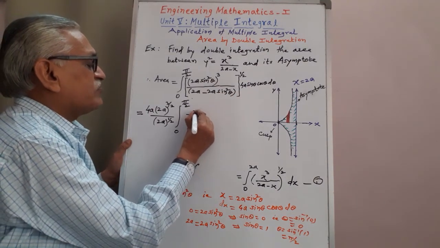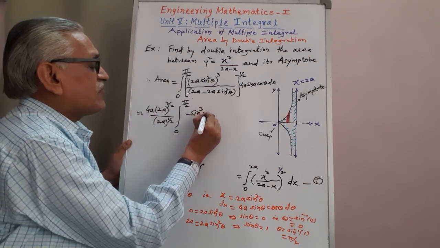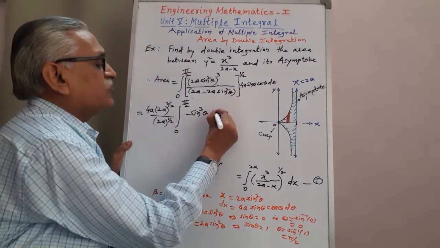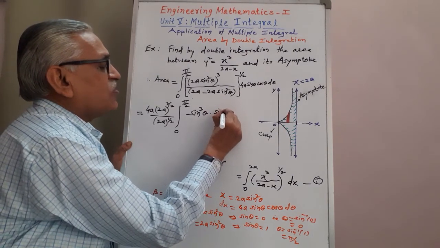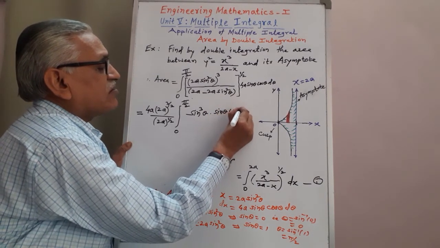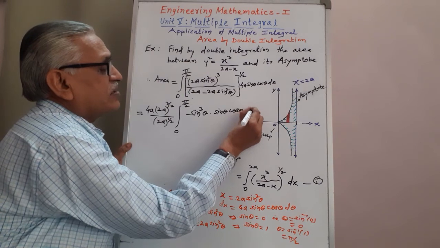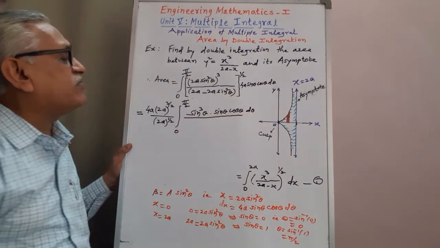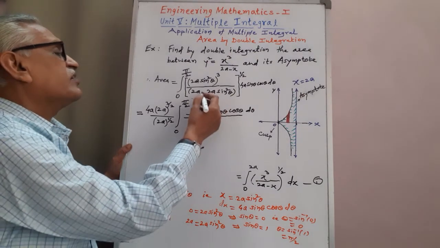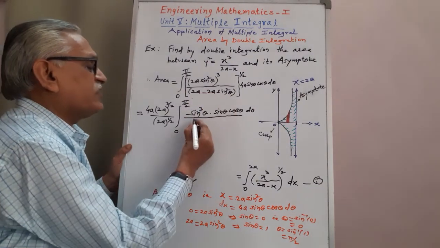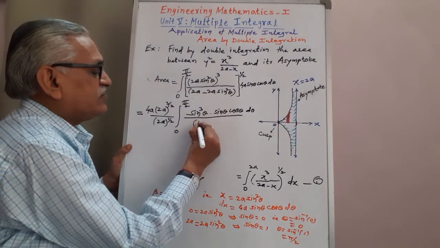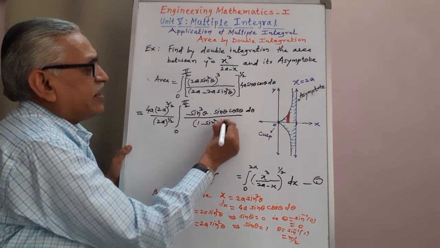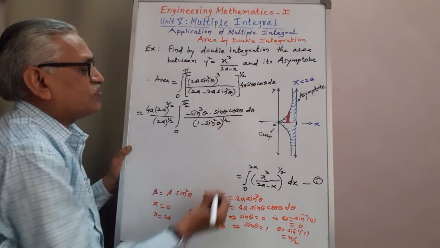therefore it is sin cube theta into sin theta cos theta d theta divided by 1 minus sin square theta, that raised to 1 by 2.